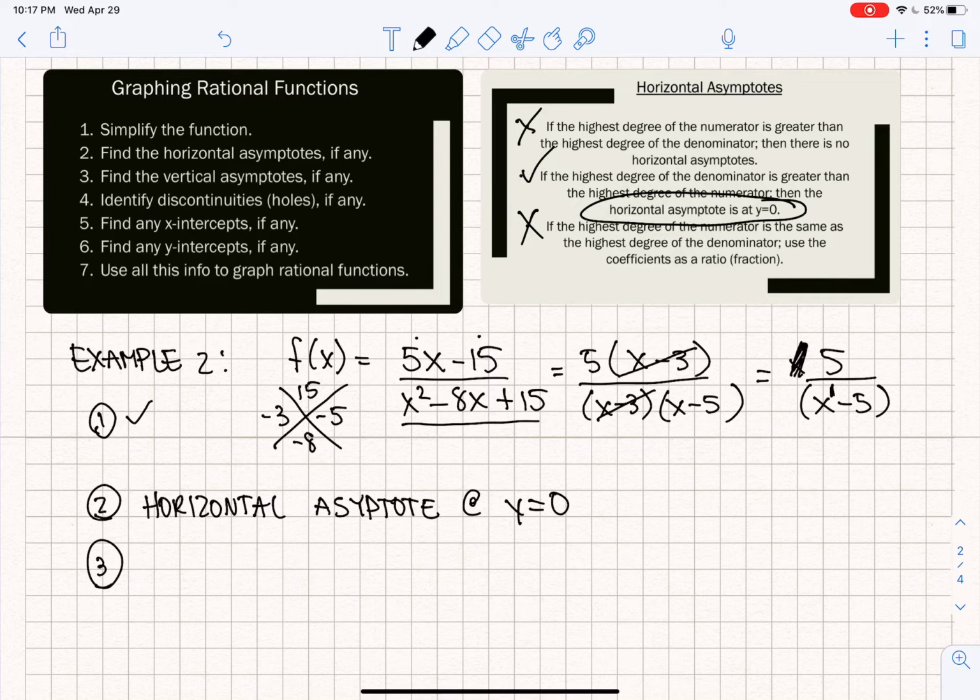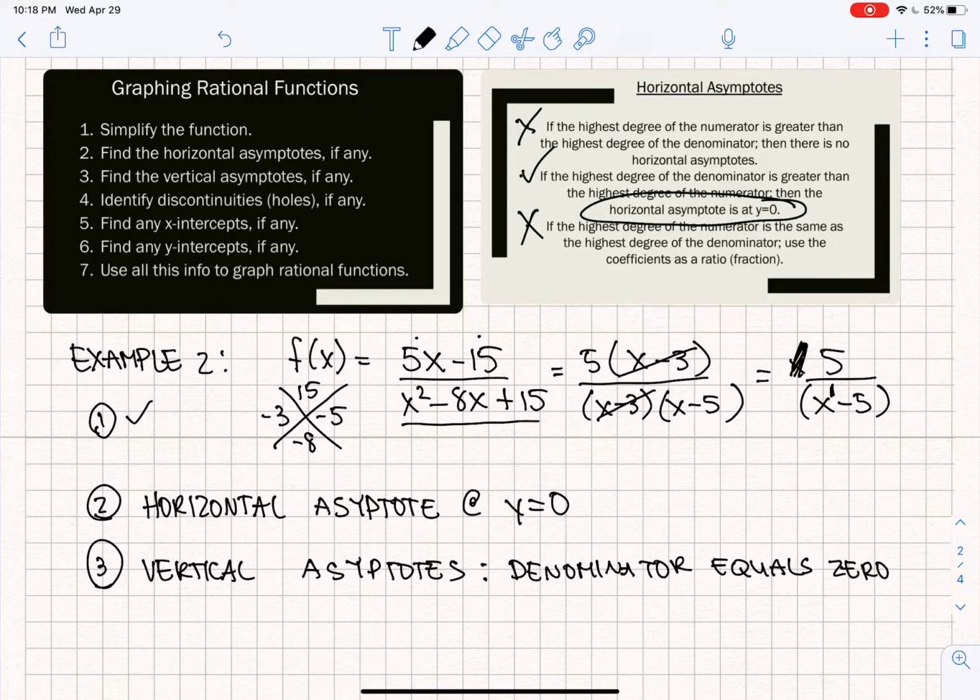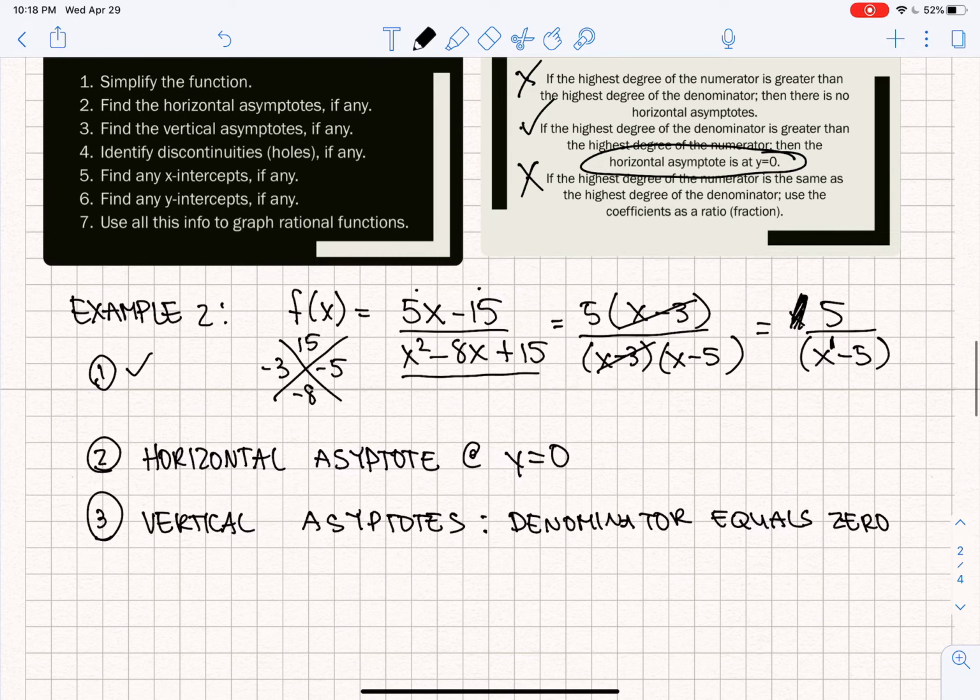Now let's go to 3. We're going to look for any vertical asymptotes. For vertical asymptotes, we set our denominator equal to 0, because we cannot divide anything by a 0. So it approaches this point, but it never actually reaches it.